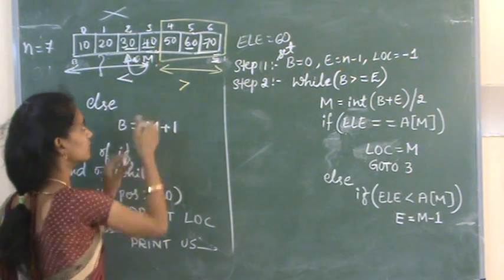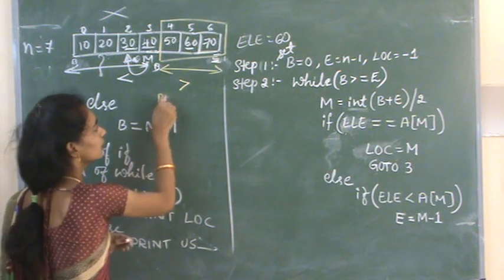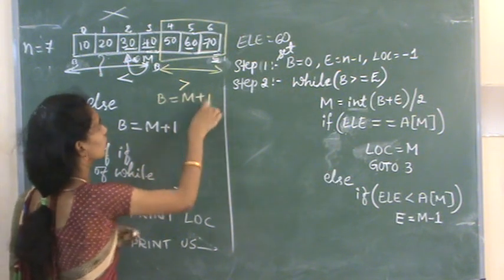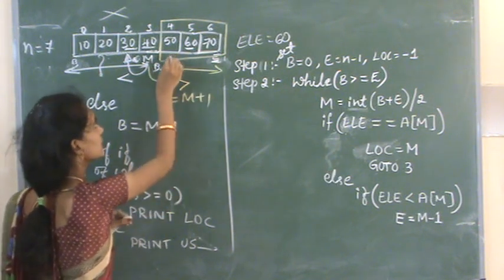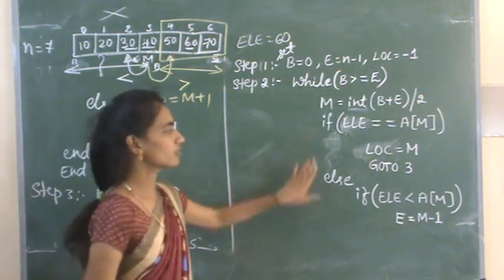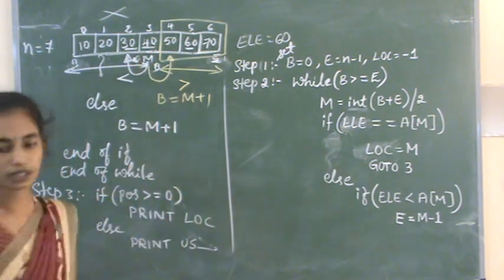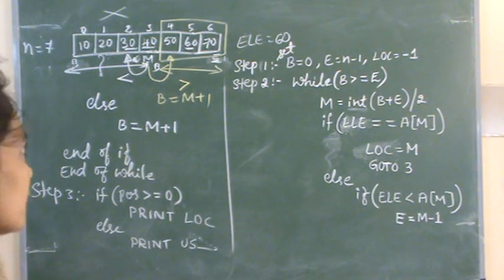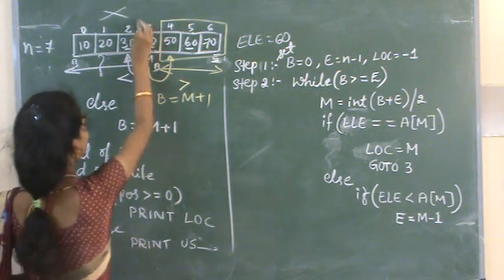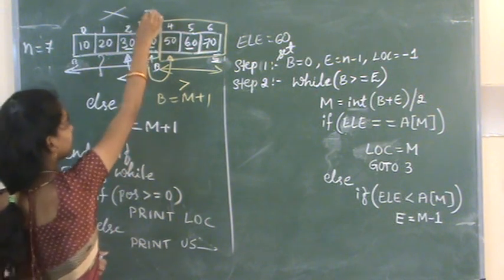This becomes the beginning, right? So beginning equals mid plus 1. So we will increment this beginning value. So that we are doing in these three conditions. One is equals. So if it is equal, we will compare here itself. So one is middle, if it is equals, right?